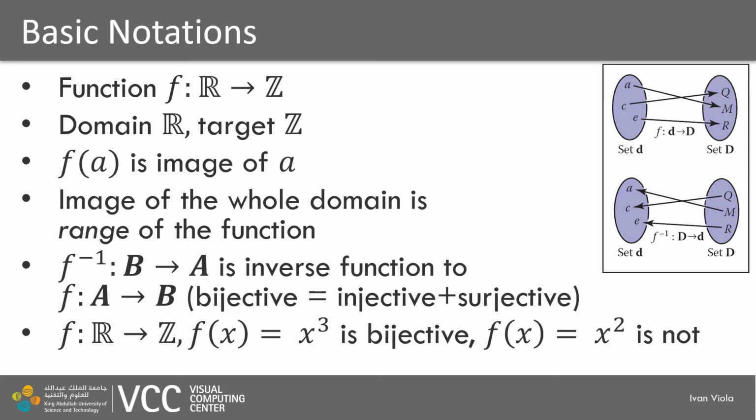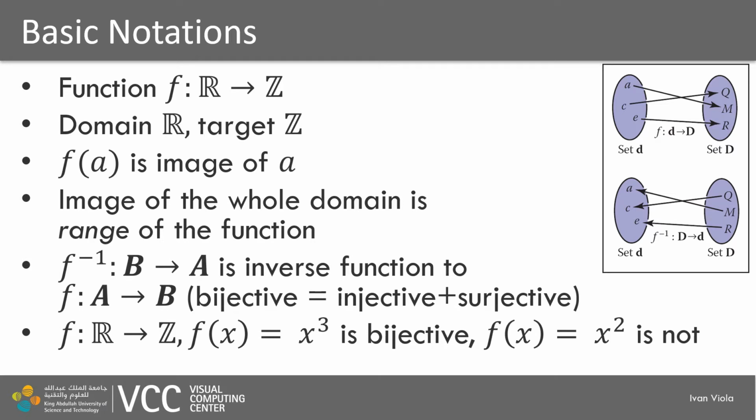If we did not have the bijective condition fulfilled, then we would not be able to map the elements from the codomain back into the domain with the inverse function, because such a function would not be well defined. So for example, the function f(x) equals x to the power of 3 is a bijective function, because we can assign to every f(x) a unique x value.